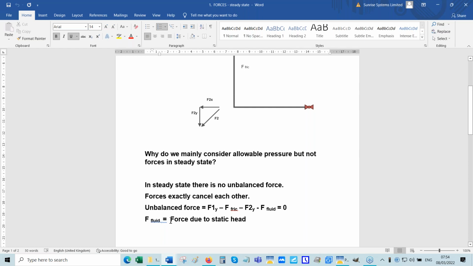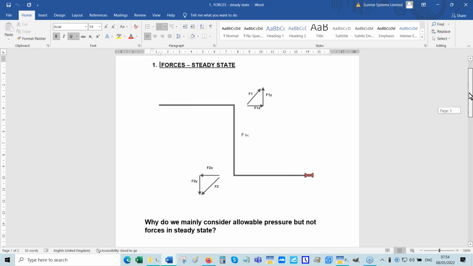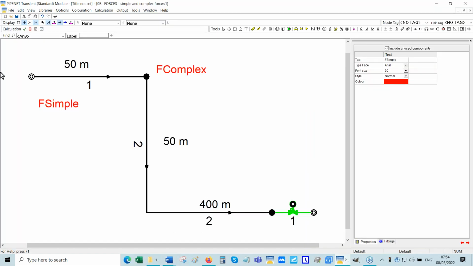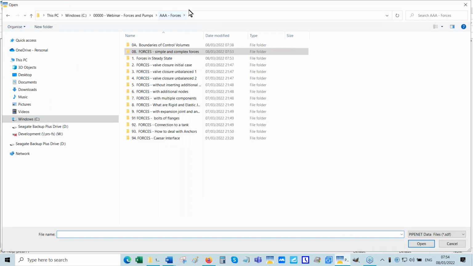And as before, the fluid is the static head, or the force due to static head. So we can see if that's true by doing some calculations in PIPENET. Let's go to PIPENET and open the data file again.